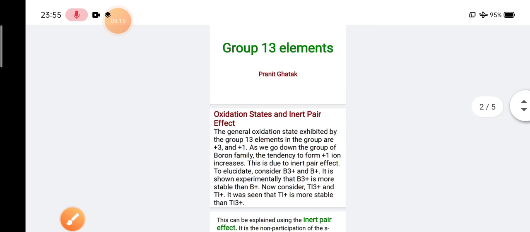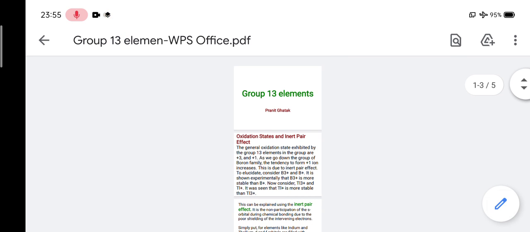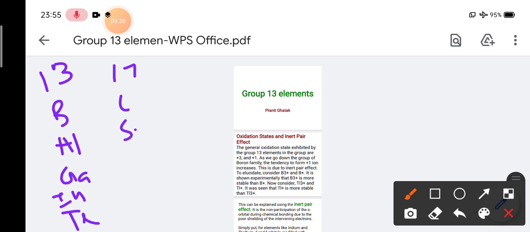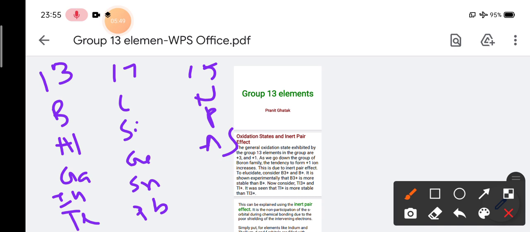So I can give you a chart. In group number 13, the elements are boron, aluminum, gallium, indium and thallium. Similarly, in group 14, carbon, silicon, germanium, Sn, Pb. And group 15, nitrogen, phosphorus, arsenic, Sb, bismuth.